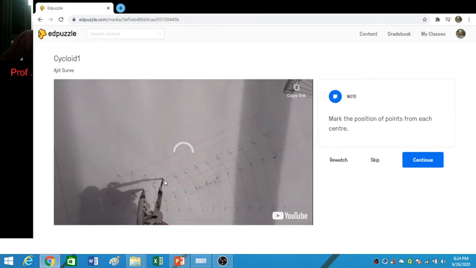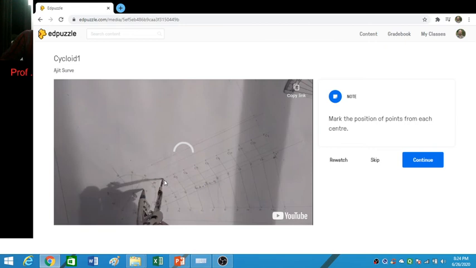So you have to mark the next position of the point by taking the next center. Yes, go on marking it, and at the end you have to draw a smooth curve passing through all these points, whatever you obtain, and then name this curve. Yes, draw the curve and name the curve as a cycloid. So this is our procedure.